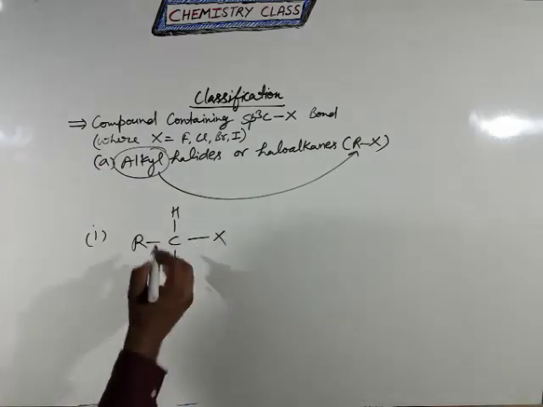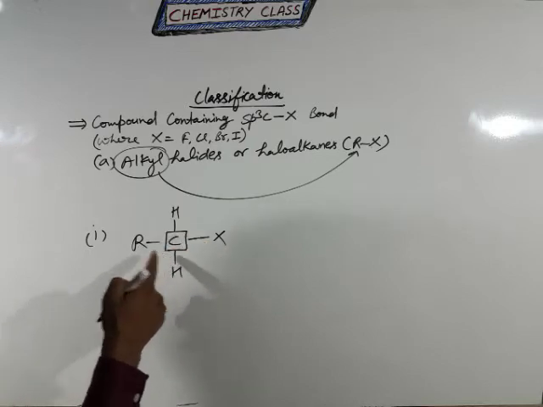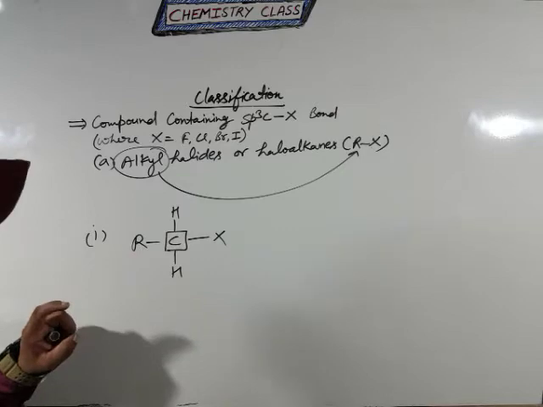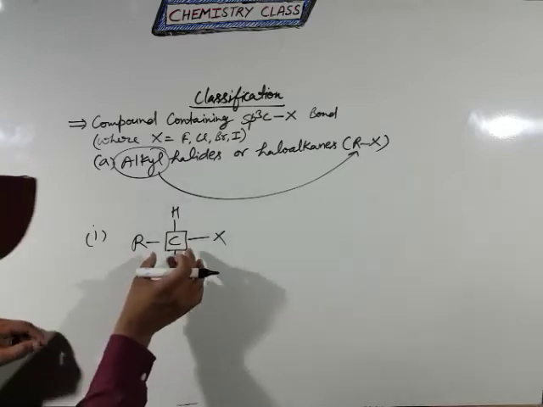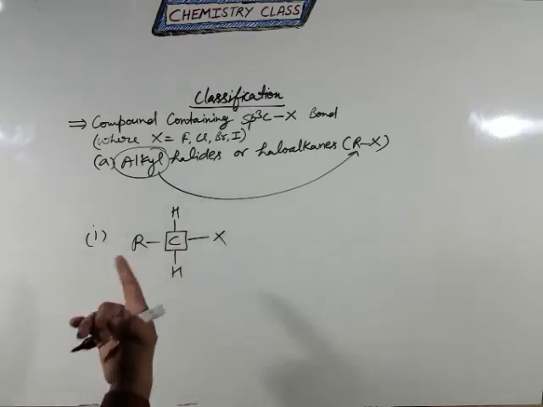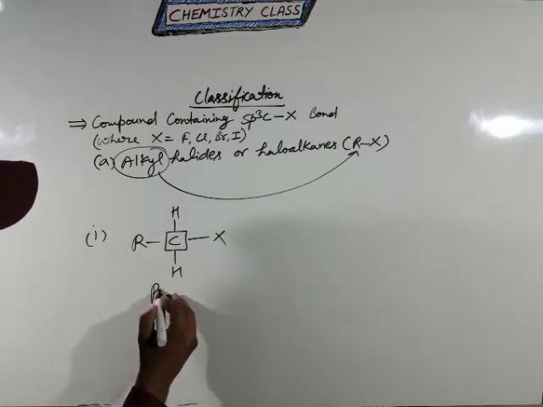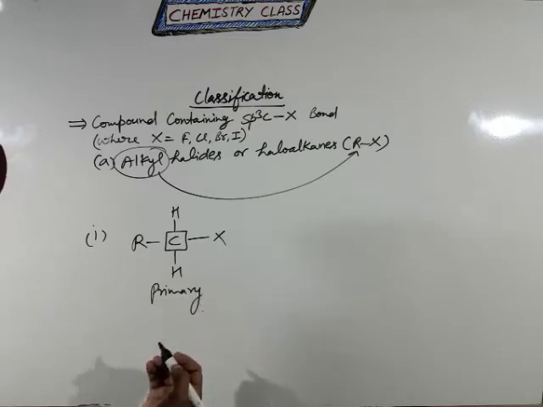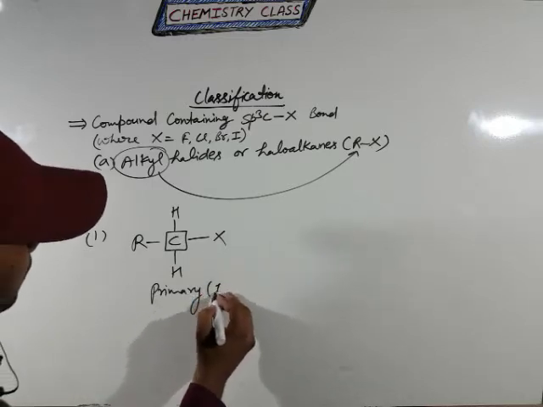In this case, the parent carbon atom is attached to only one carbon. That means the parent carbon atom is attached to only one carbon atom. That's why the name is primary. Primary means you can say 1 degree.